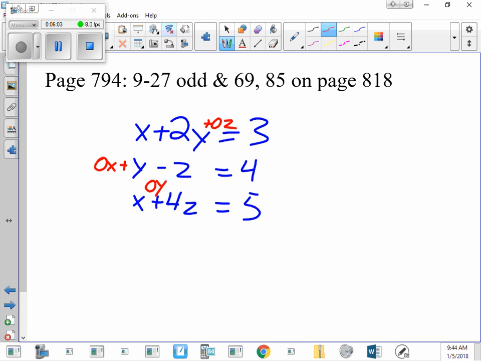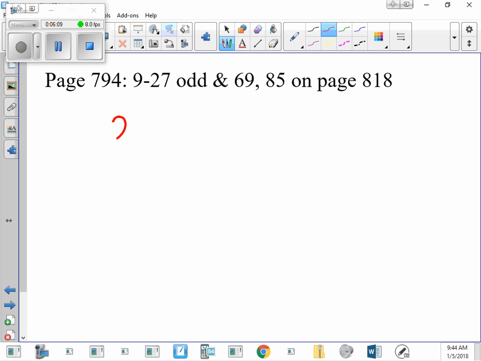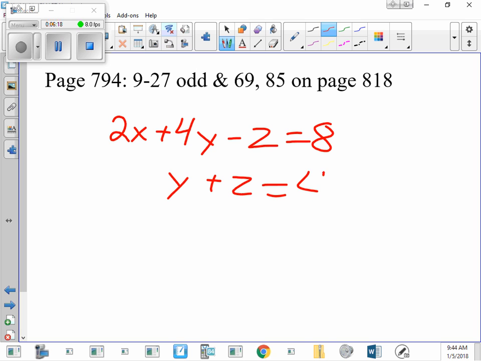I didn't assign any of those, did I? So Nate's asking, what if I have this? So these are two planes. It would be like graphing the floor and the back wall. How many places do the floor and back wall intersect?